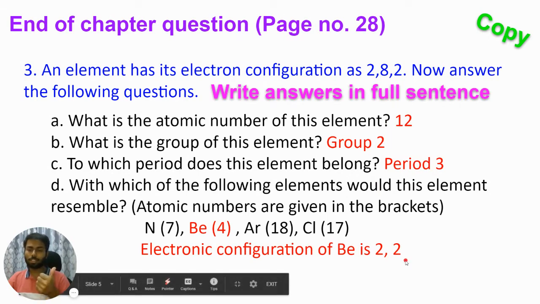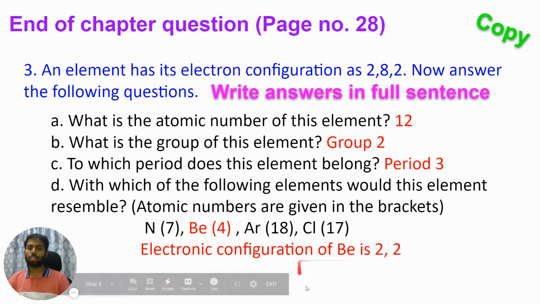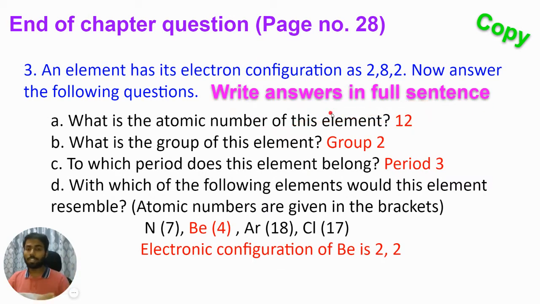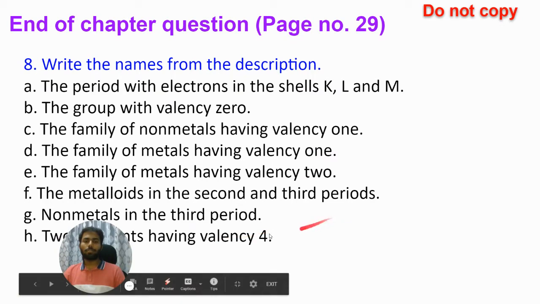So the number of valence electrons is equal. Both their valency is also 2. Because the number of valence electrons is equal, valency is equal, that's why they will have similar properties. So your answer was beryllium. Okay, let's move ahead. I hope you'll write answers in the full sentence, here in the notebook itself, and again when you write exams, in the exam also always write answers in full sentence. These are the next set of questions.